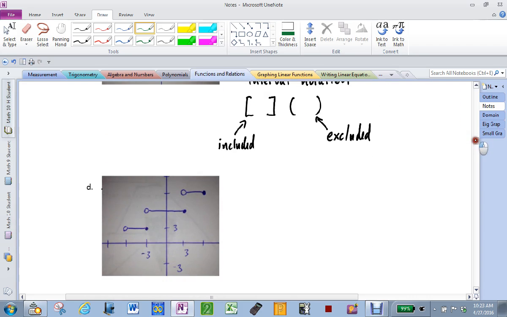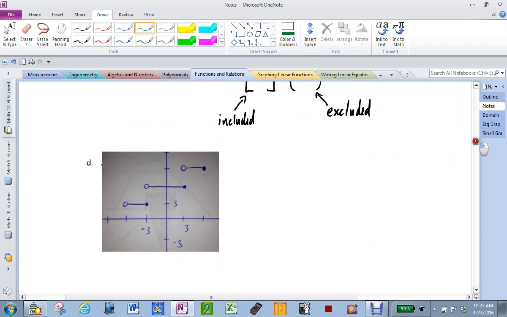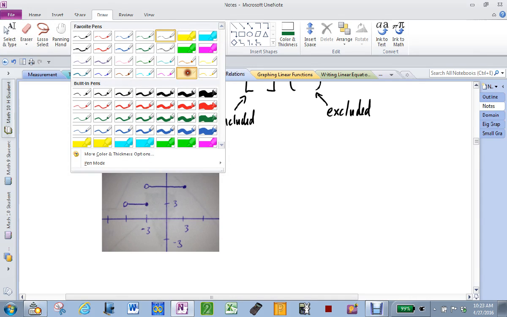Now, let's look at the next one. Is this a function? First of all, is it graphed? Yeah, so can we use the vertical line test? Great, let's check. Oh, that didn't show up very well. Gray on gray.